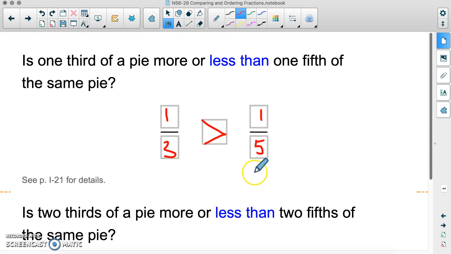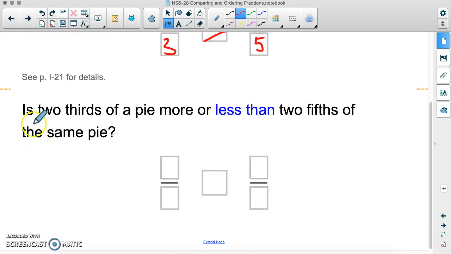If we think of it as the next example is 2/3, so 2/3 of a pie, more or less than 2/5 of the same pie. So we have a pie cut into 3 pieces, a pie cut into 5 pieces. The pie that's cut into 3 is going to have larger pieces. You have 2 of those 3 pieces or 2 of the 5ths.